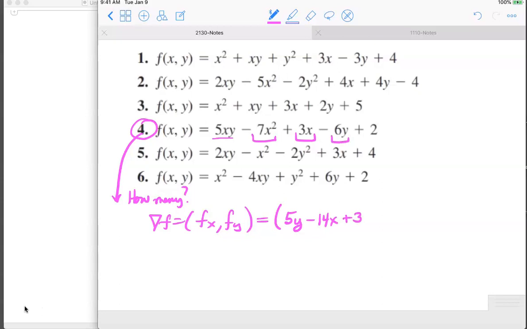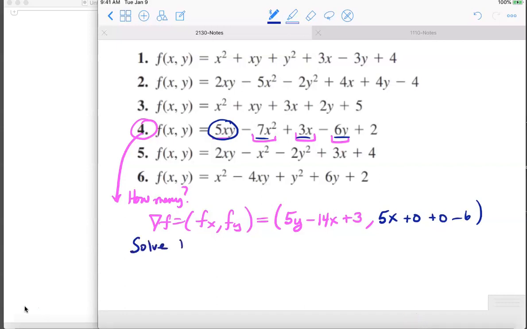Partial with respect to z is 0. And now we go back through with partial with respect to y. You get 5x. Partial with respect to y, 0. Partial with respect to y, 0. Partial with respect to y, negative 6. So essentially what we need to do is solve the equations.